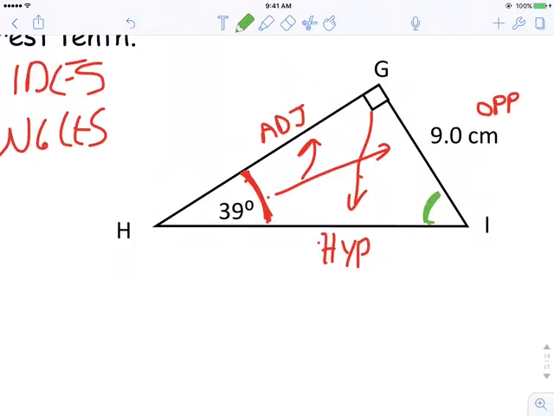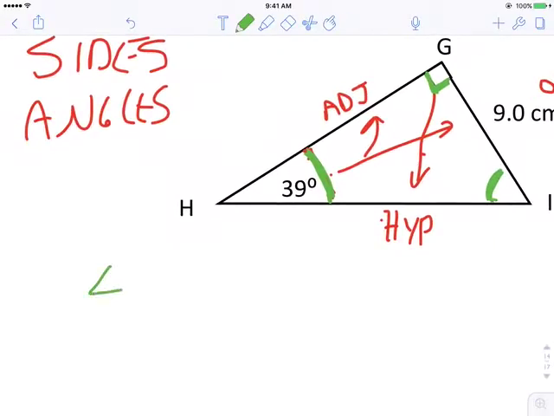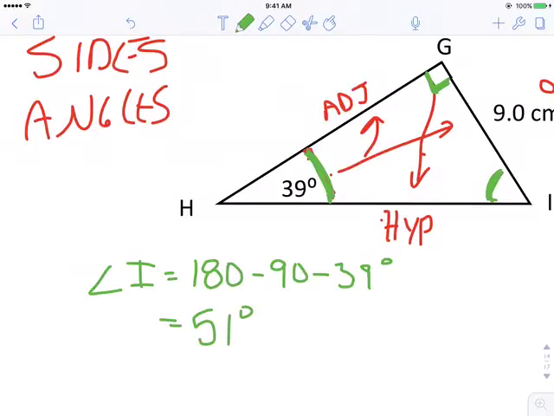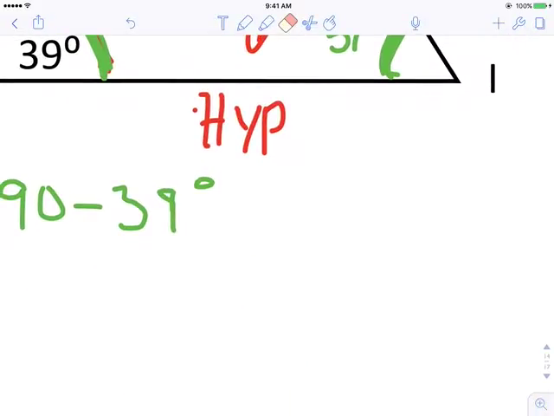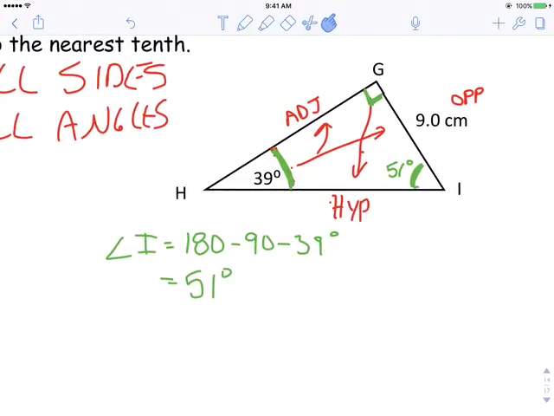So, for me, I'm looking at this thinking, well, I have this angle and this 90-degree angle, and I know that all triangle angle measurements add up to 180 degrees, so I should very quickly be able to find the missing angle. So the angle is going to be equal to 180 degrees minus my 90-degree angle minus my 39-degree indicated angle, and that's going to give me 51 degrees. And there we go. Step 1, found the angle.